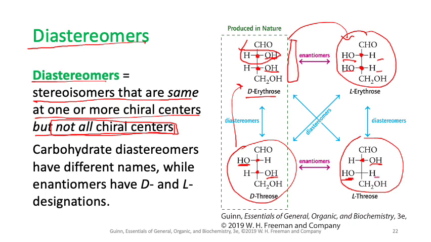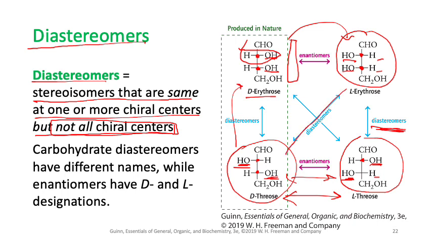So out of the 2, only one, not all of them, is changed or flipped. That means they are diastereomers, right? But if you see this example over here, now in this case both the chiral centers flip their atoms or groups, right? Now both of them are in the opposite direction, OH on the other side, OH on the other side, right? So they are enantiomers.